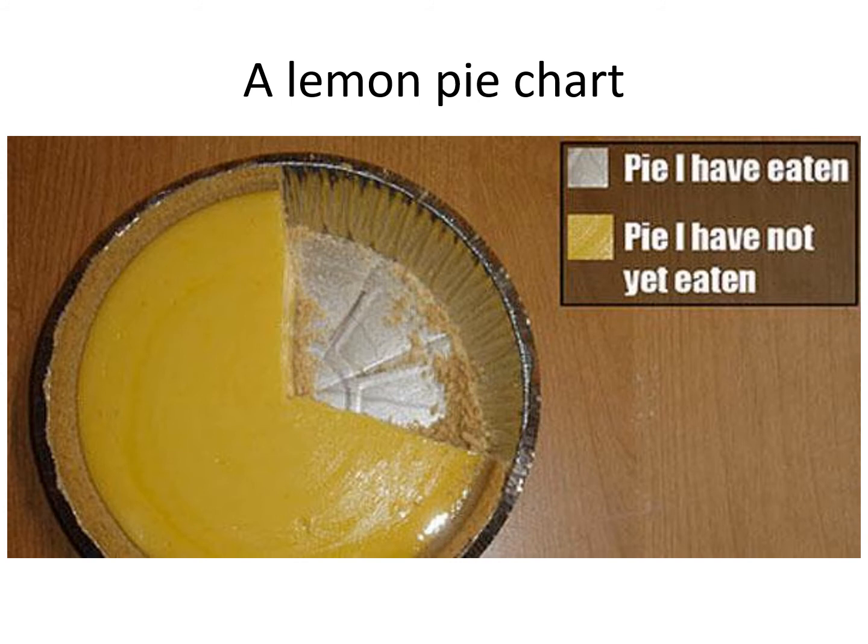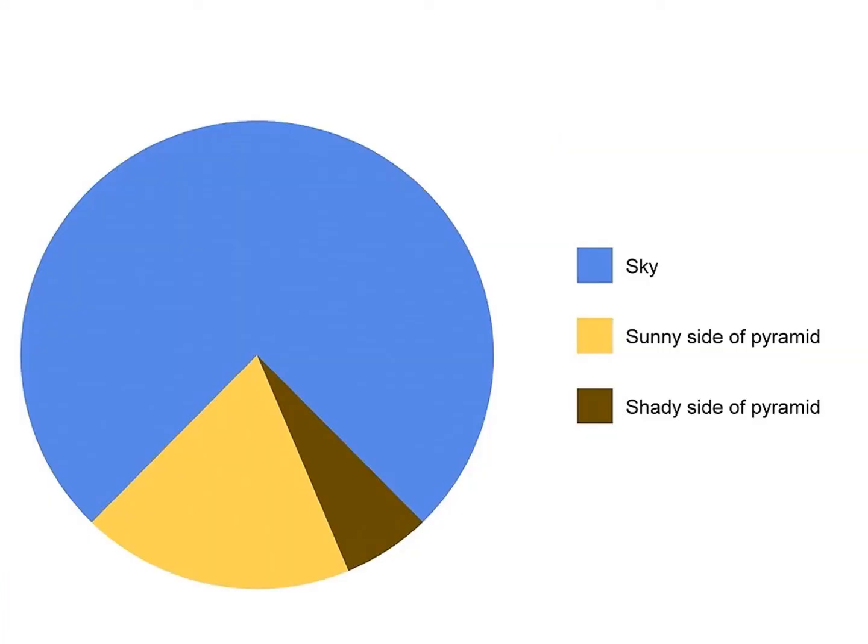A pie chart. This is a pie chart. All right. Okay, so this very interesting graph of a pyramid in the sky. All right, if you see it, wow.